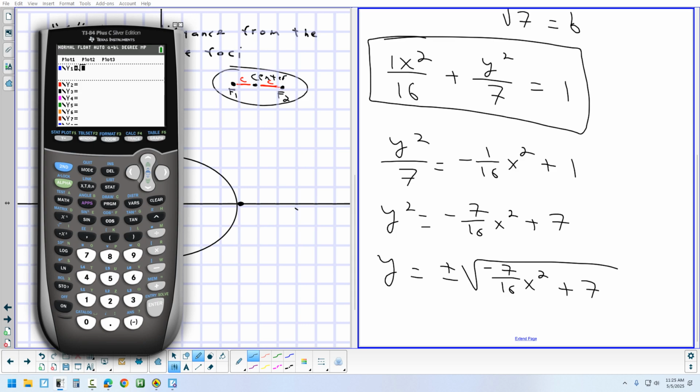So square root of negative, you know what I'm going to do? I'm going to put the negative 7x squared, I'm going to put that all together so then I can just keep it as one fraction. Man, I'm pressing all the wrong buttons.